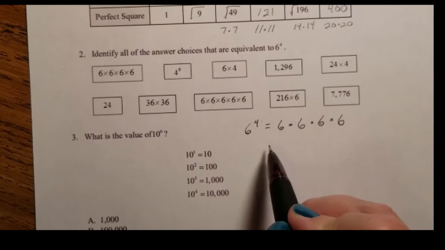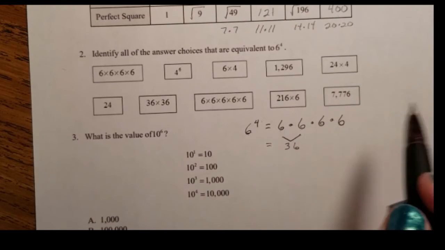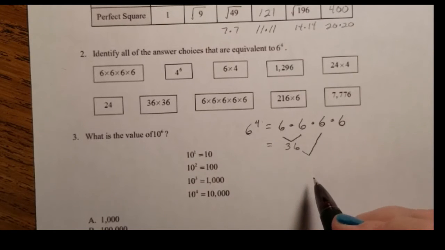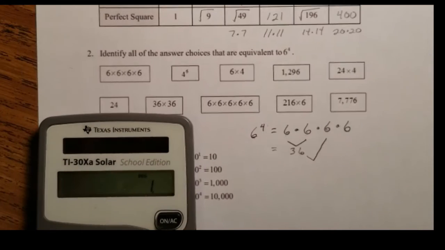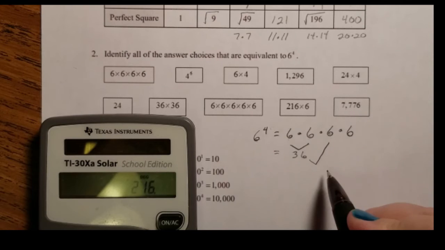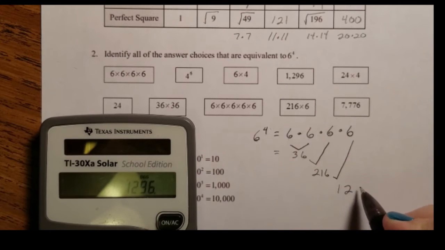So to multiply, we know that 6 times 6 is 36. And then you could do 36 times 6, which is 216. And then 6 times 216 is 1,296.